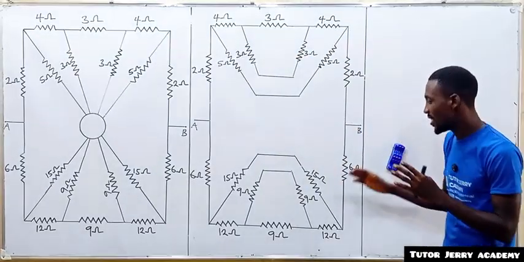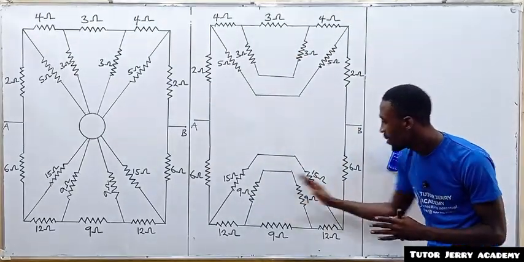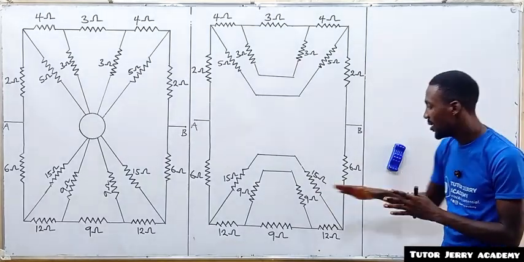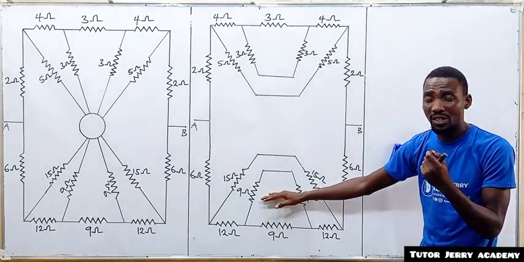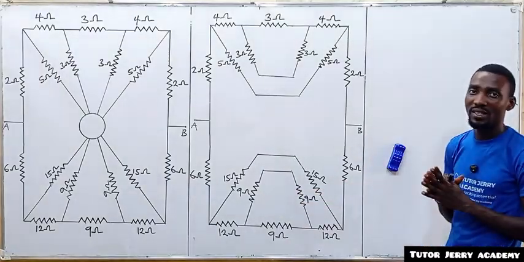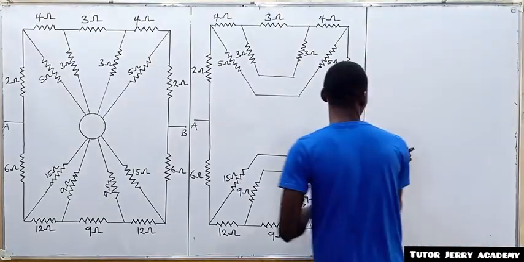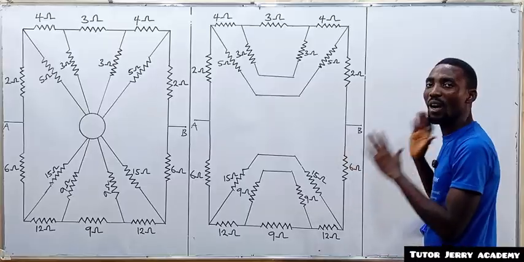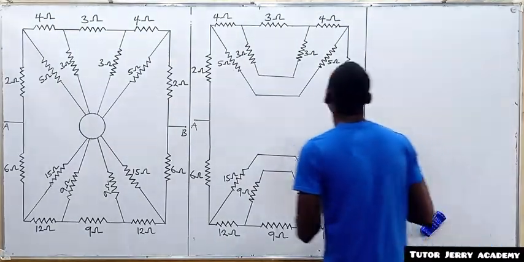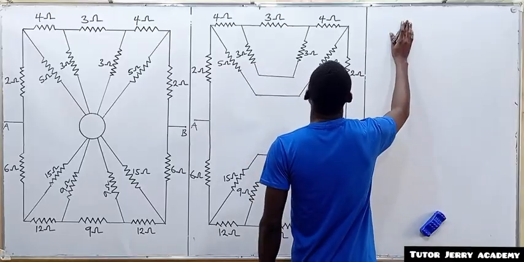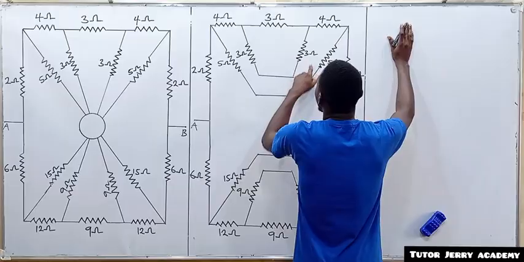Similarly with this one is in series. By the time we combine them together, the series combination will now be in parallel with this. I'm just breaking it down one after the other so that you can see the clear picture. So 3 ohms is in series with 3 ohms.